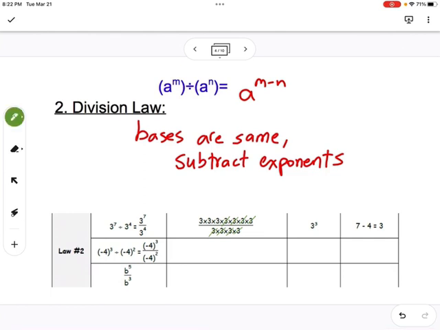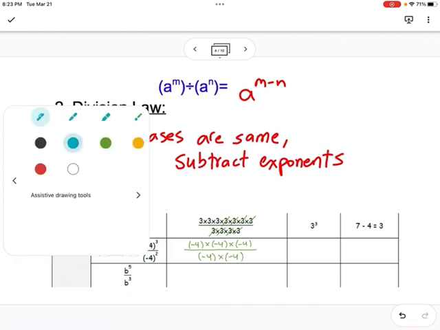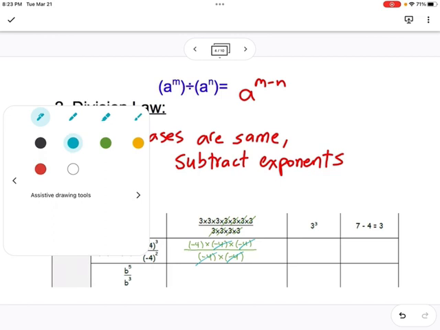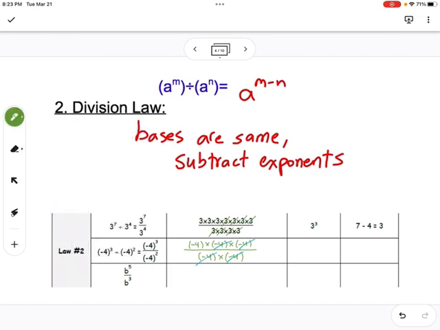The next question is -4 cubed divided by -4 squared. So that's -4 times -4 times -4 over -4 times -4. Okay, we can cancel, and we're left with just one -4.